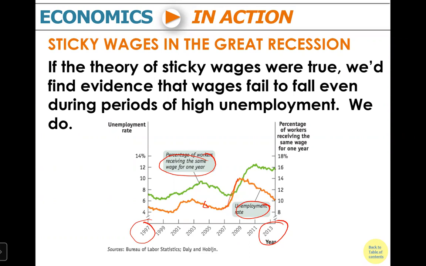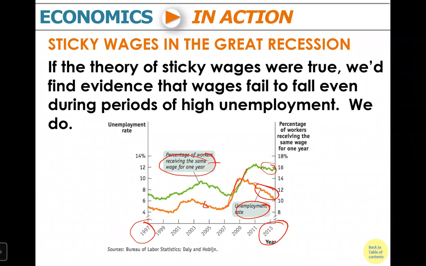But instead of reduced wages, you can see there are more and more workers receiving the same amount of wage. On the other hand, you have a decline in the unemployment rate once we are in expansion mode. Presumably the fraction of people receiving the same wage will increase.